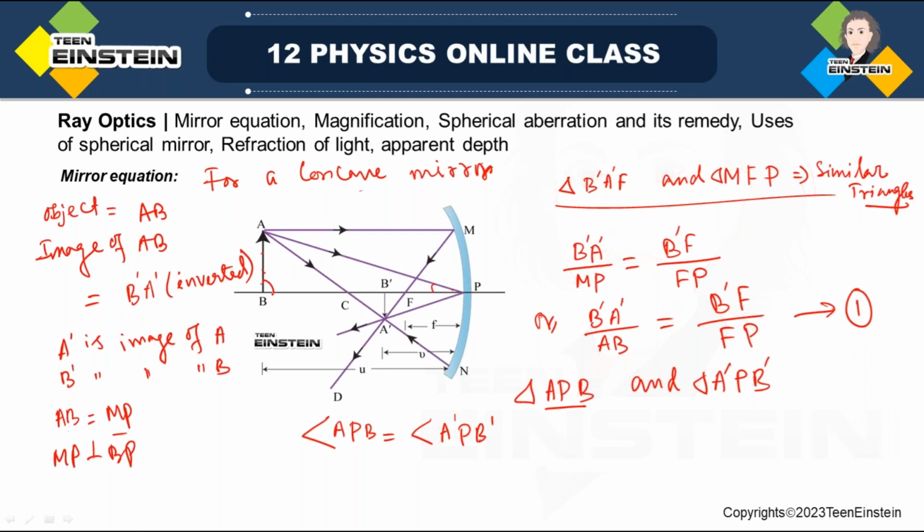This angle is 90 degrees, and here this is 90 degrees, right? So these two are also similar triangles.